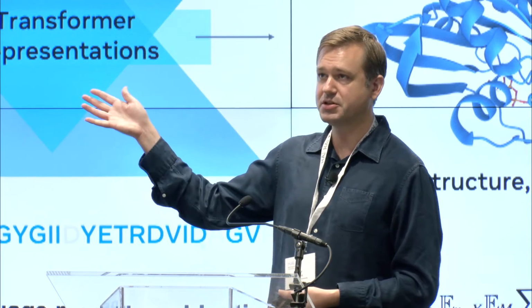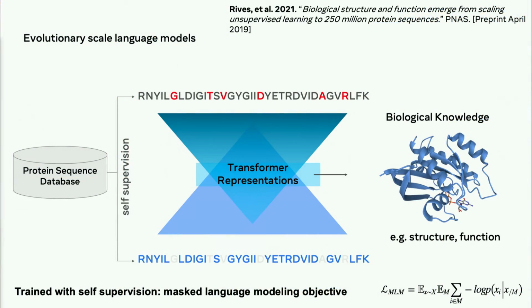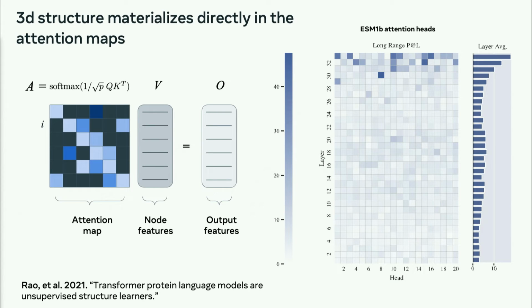And so this is the key idea in this talk, which is basically we are training masked language models on a large database of totally evolutionarily diverse proteins, tens to hundreds of millions of these proteins. And then what we'd like to do is look at the representations that develop within the model over the course of their training to understand whether there's biological information that emerges within those models.